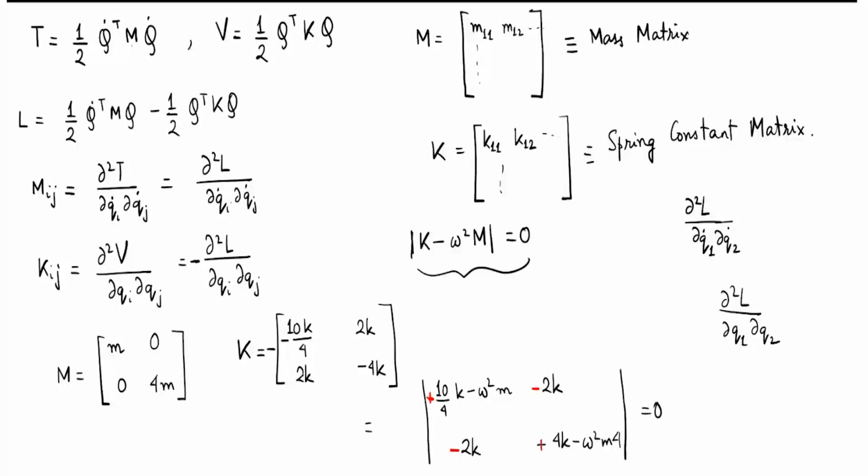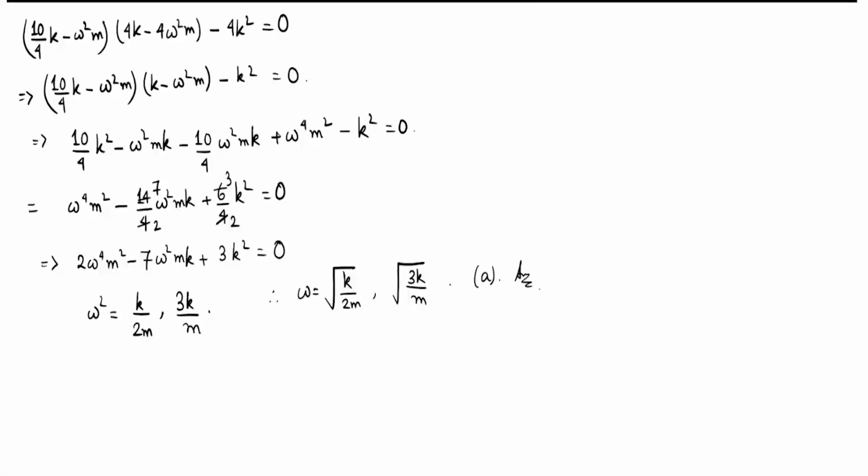If you have one more variable, Q3 and Q3 dot, then this should be 3 by 3. But anyways, they will give you enough so that you can find out the omega square. So these values you can find out easily.